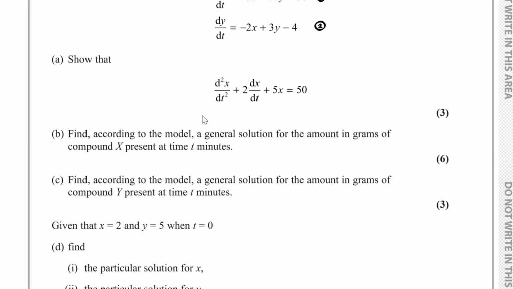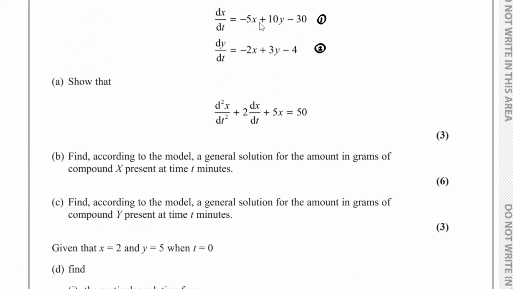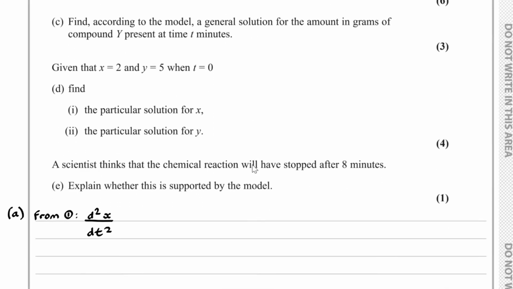And if we differentiate the minus 5x with respect to t, we can differentiate that implicitly. So we get minus 5 lots of dx over dt.